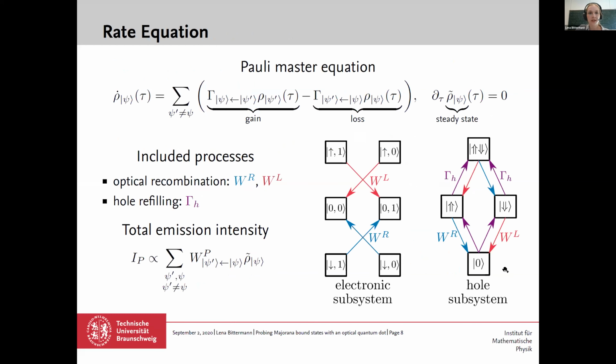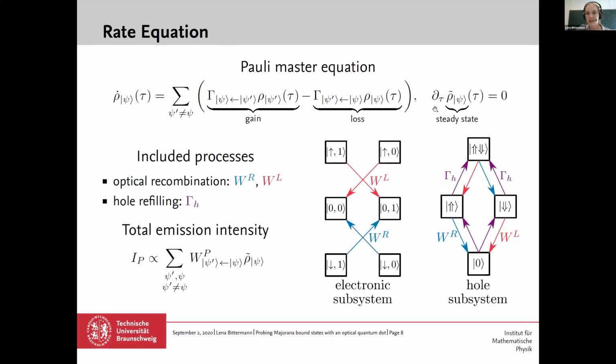And for the dynamics of the system, we can use a Pauli master equation, which describes the occupation probabilities of our eigenstates in time. So we have rates which go into our state psi, and we have rates that go out of our state psi, and therefore we lose occupation.